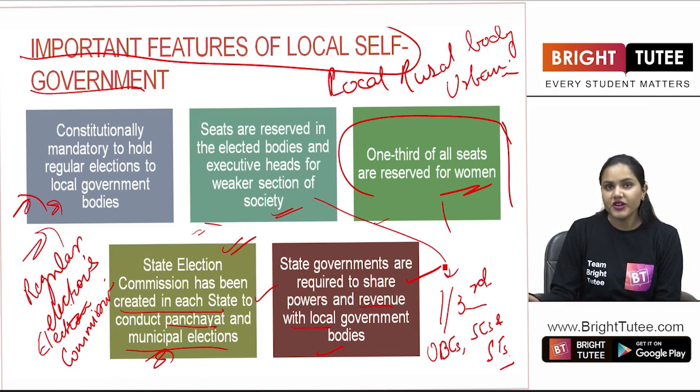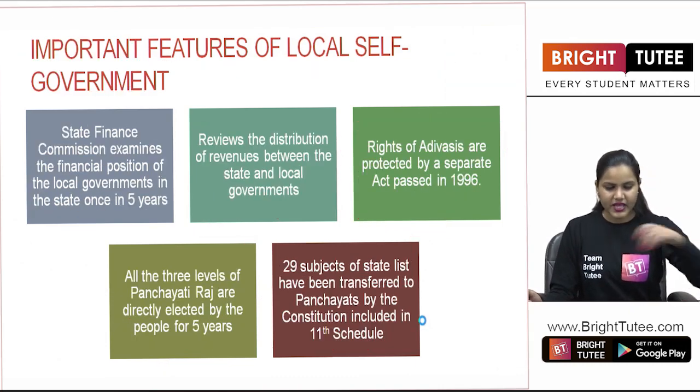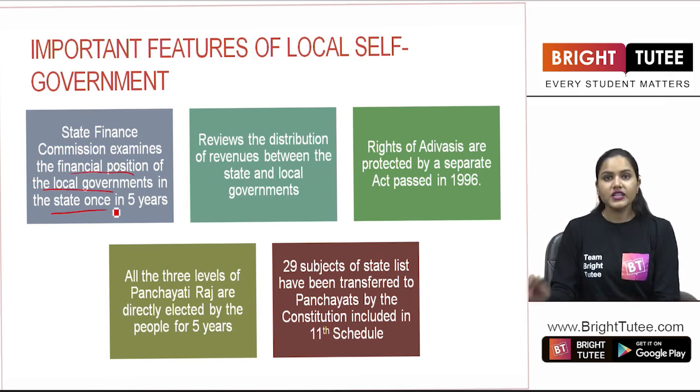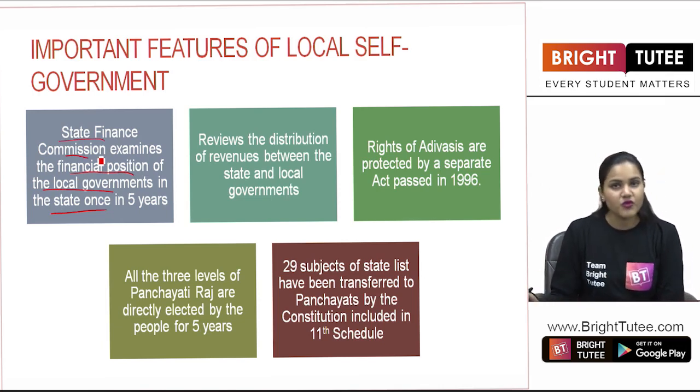State governments are required to share powers and revenue. Very important point here: the state government is responsible for sharing the revenue, the funds, with the local government bodies. The State Finance Commission examines the financial position of local governments in the state once in 5 years. Here we see that another commission has been formed, the State Finance Commission.